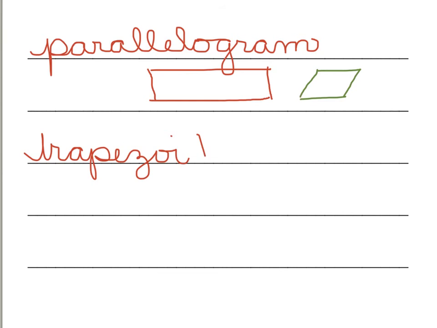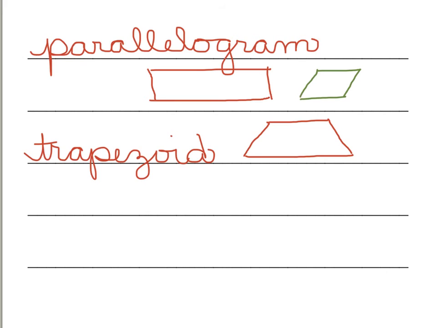Then the next thing you were to do is to draw me a sample of a trapezoid. And your trapezoid, remember, one set of parallel lines. So if you were to draw something that went like this and like this, then you would have a trapezoid. There's a couple of other ways to draw it too, but that's probably your most common.